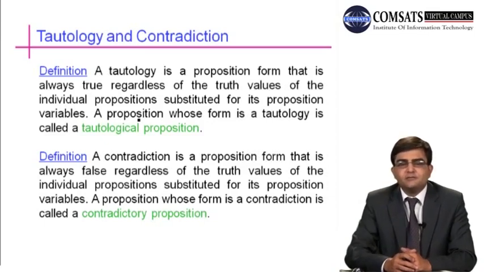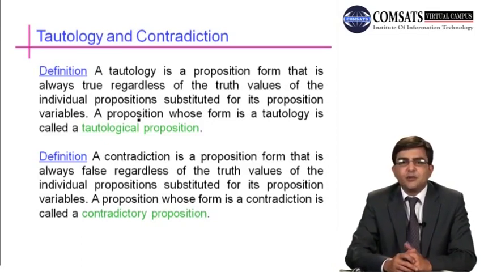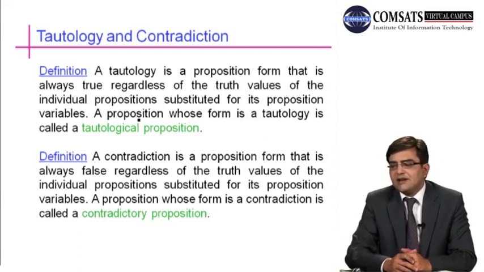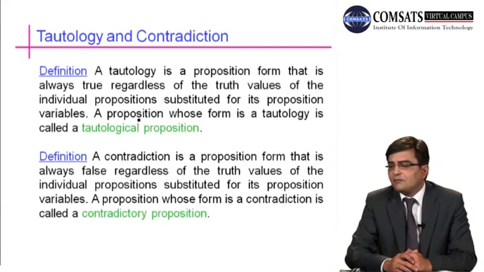Similarly, on the opposite, a contradiction by definition is a proposition or a compound proposition whose every possible truth value is false, or you can say that a proposition is said to be a contradiction if it is false in each row of its truth table.